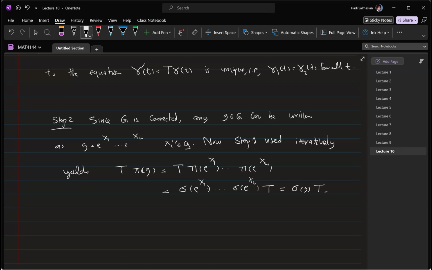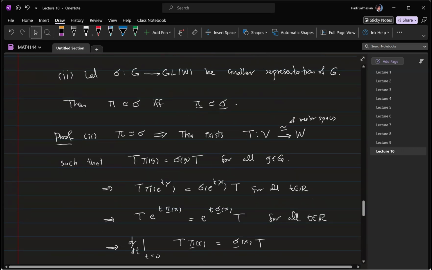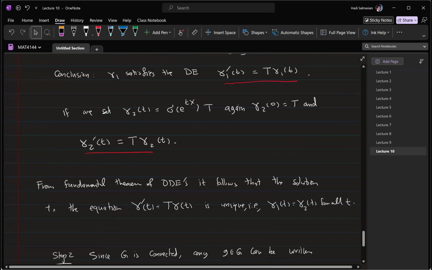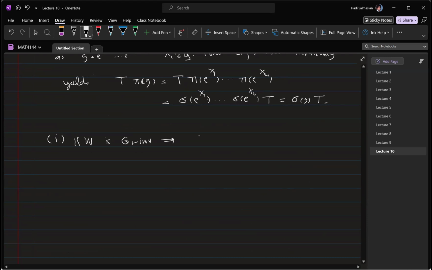And now for the first part. What was the first part? That capital G invariance and Lie algebra invariance are the same. So first of all, if W is capital G invariant, then clearly it is also Lie algebra invariant.